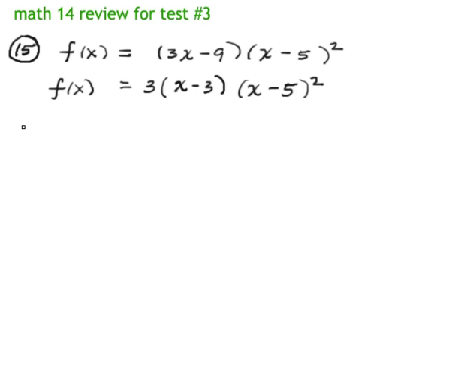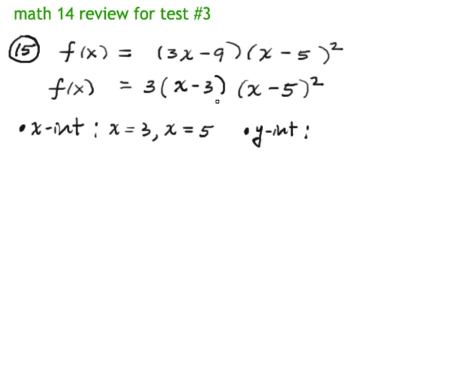All right, let's get our basic information. Starting with x-intercepts. Since this is factored, we can just read them off. That'll be x equals 3 and x equals 5. All right, let's do y-intercept.